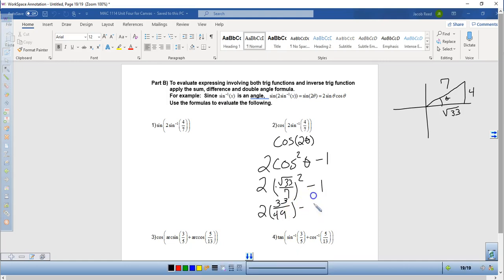I'm going to change that 1 to 49 49ths, that way I can combine after I do the multiplication. So I have 66, 2 times 33, 66 over 49, subtract 49 49ths. Just a quick application there, 66 minus 49, we're going to go with 17, 17 49ths.